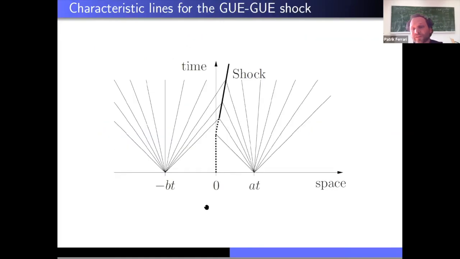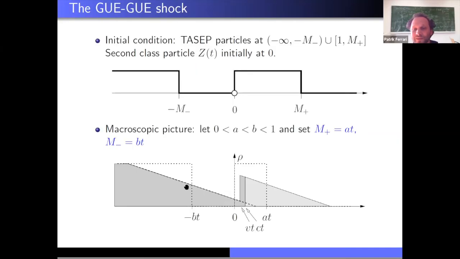This is the picture in terms of characteristics. At the beginning there is nothing, and then eventually particles to the left will come here and start to pile up and will create this jump. Initially there is also a shock, but it is trivial because there is no particle to the left. We are interested when there is some interaction between the left and the right.